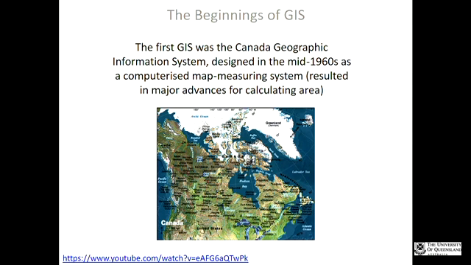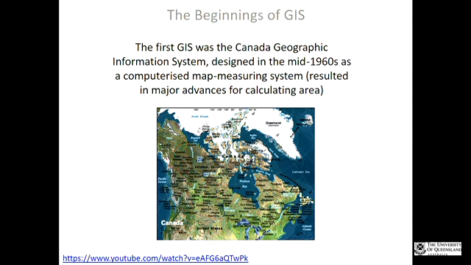Okay. I thought I'd just give you a quick overview of the history of GIS, just to give you a bit of context for where GIS came from. Basically the first GIS was the Canada Geographic Information System, which was designed in the mid-1960s. The challenge they wanted to solve was that Canada wanted to inventory its natural resources, and Canada's a big place.